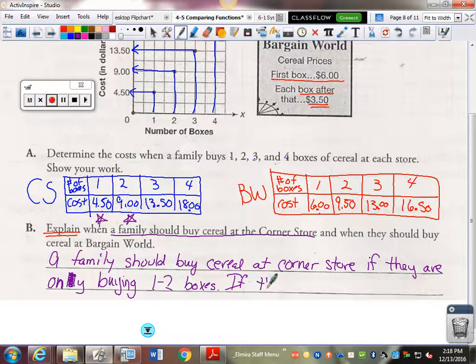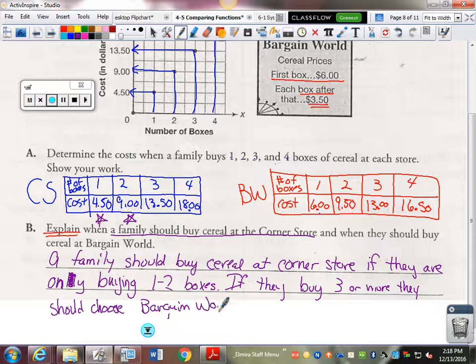If they buy 3 or more, they should choose Bargain World.